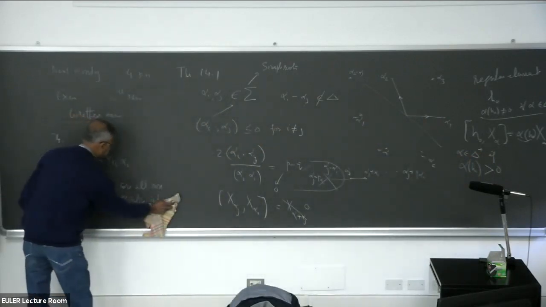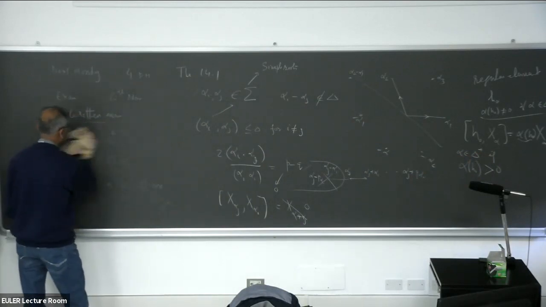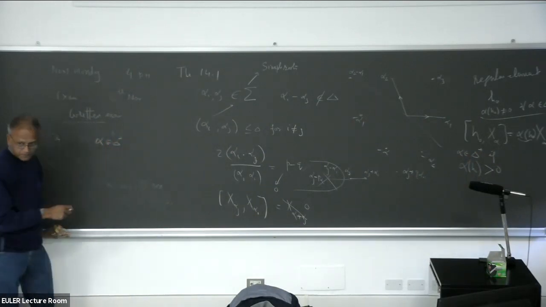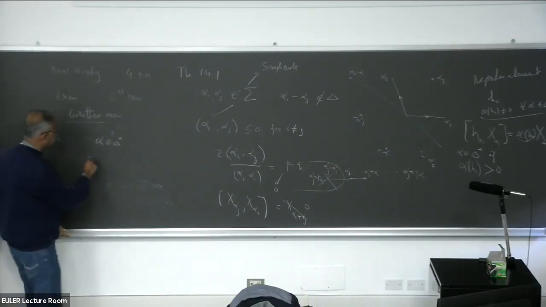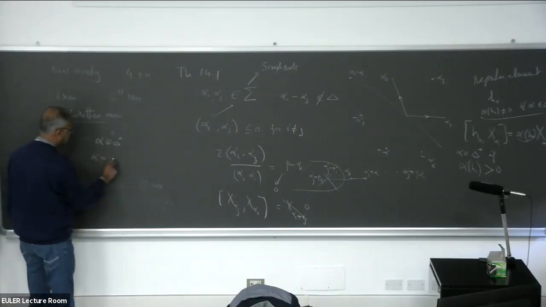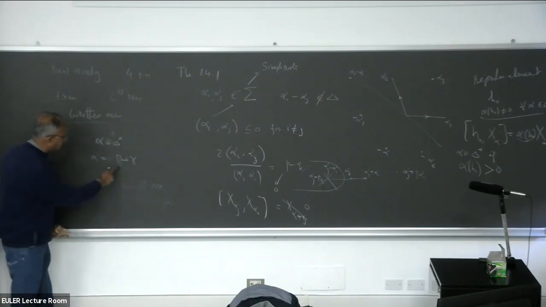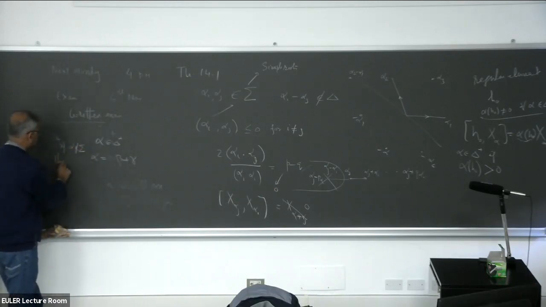Now I started with some alpha which is a positive root, alpha belongs to delta plus. Now suppose it is not a simple root. Then by definition, alpha must be equal to some beta plus gamma, where beta and gamma both are positive roots.